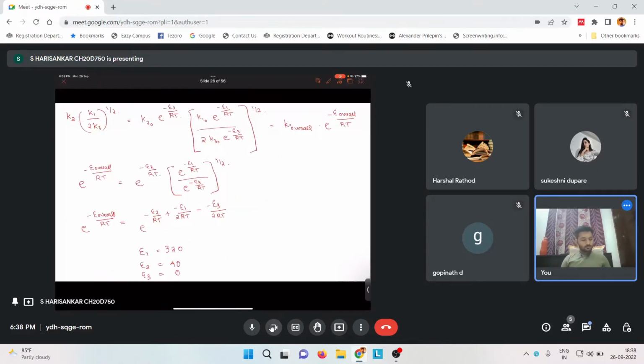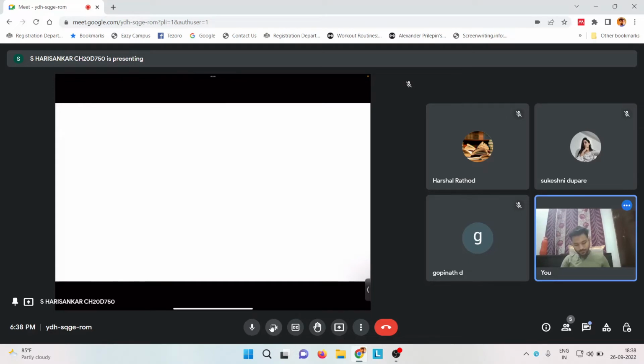Okay. So now let us first equate the exponential terms. So again, e raised to minus E overall by RT is equal to e raised to minus E2 by RT plus minus E1 by 2 RT minus E3 by 2 RT.